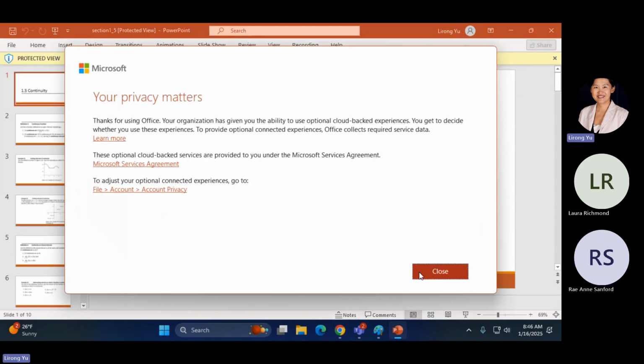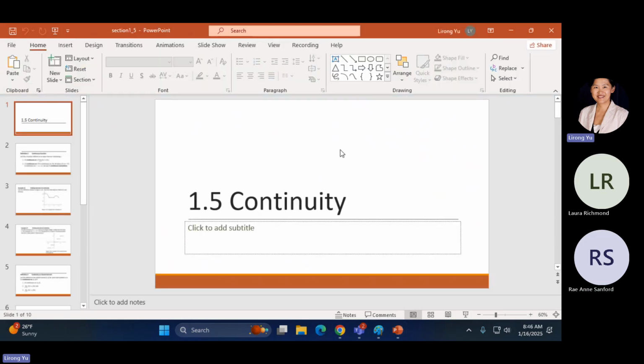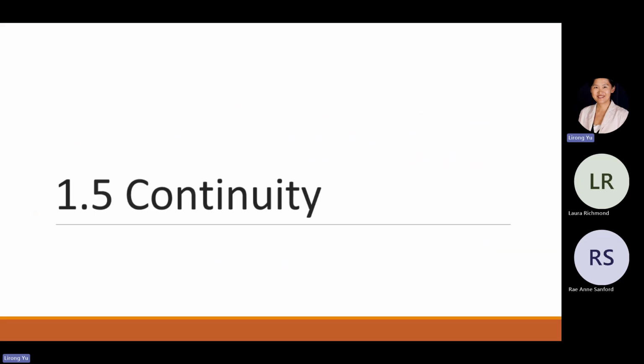Assuming we understand all the limit concepts, let's talk about continuity. Then maybe we can do a little bit more limit. The whole chapter 1 focuses on limit and continuity, so 1.5 is talking about continuity.